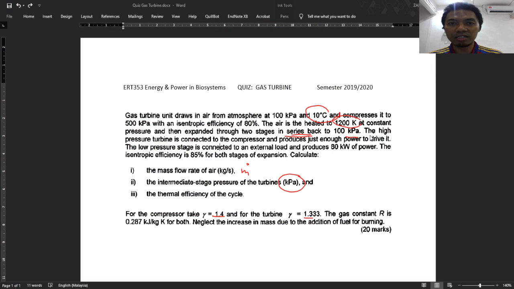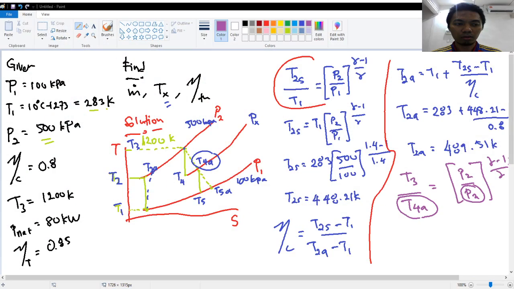Here, this is the important part. The high pressure turbine is connected to the compressor and produces just enough power to drive it. What does it mean? It means the work in here is equal to the work out here.